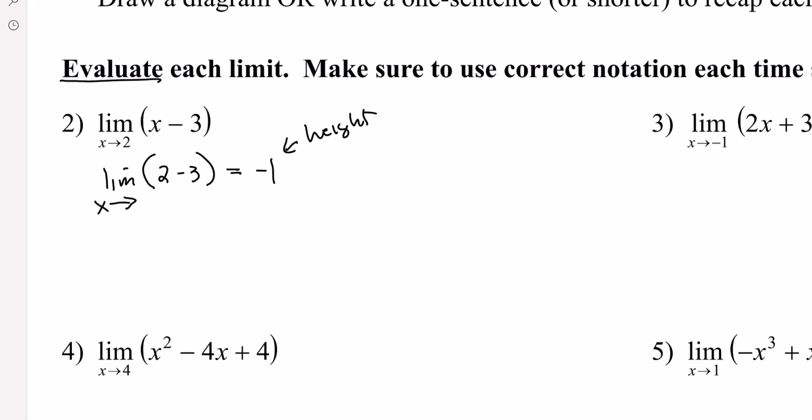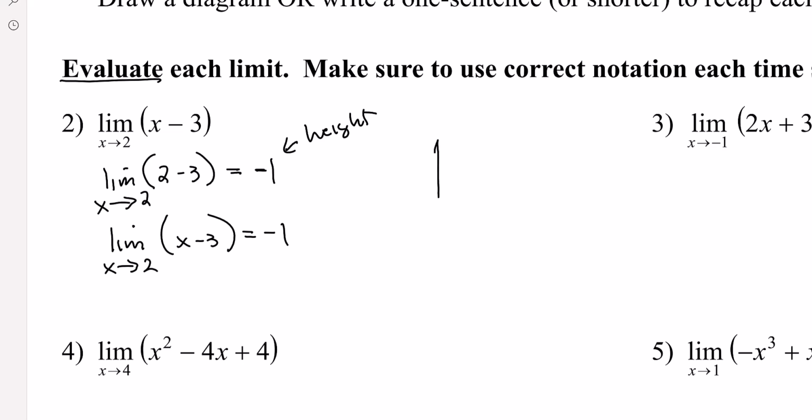The height is equal to -1. And then you rewrite this with the original function. And I know what you're thinking: well, crud, I could just do that in my head. Yep, but this is the work I'm going to want to see. Except you would put the limit as x approaches 2.